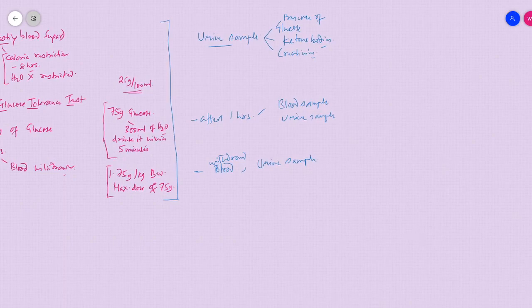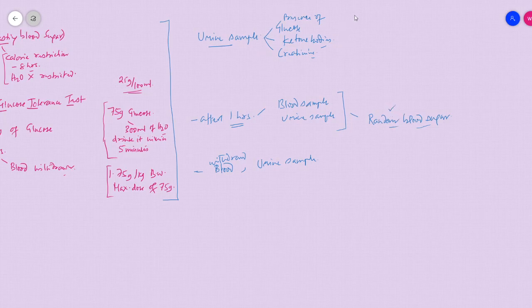And it's easy for the lab too, because this can be processed at the same time. So this would give us an idea about the random blood sugar. Random means it can be taken at any time. In this case, we are using the 1 hour after the oral glucose as a time point to determine random blood sugar.